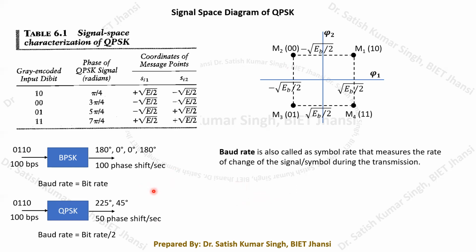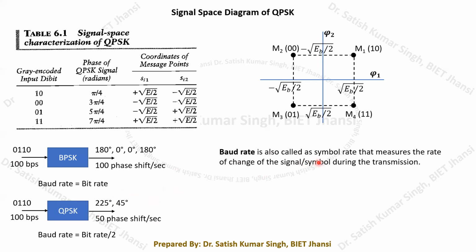But in the case of a digital modulation scheme, what we can see is that due to the 100 bits per second that we are launching to the QPSK system, there are only 50 carriers that we are going to send, because we are sending high frequency carriers. So there will be only a corresponding change in the carrier phase that we can observe. How many such changes we are going to observe is considered the baud rate, which is also called the symbol rate.